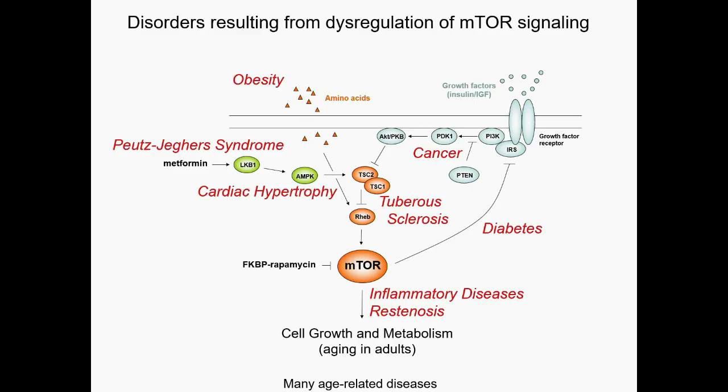This is one of the molecular links between nutrients and insulin signaling in the development of diabetes. In this case, some have actually proposed rapamycin as an anti-diabetic drug because if you inhibit mTOR, you inhibit the negative feedback loop and you restore signaling through the insulin signaling pathway.